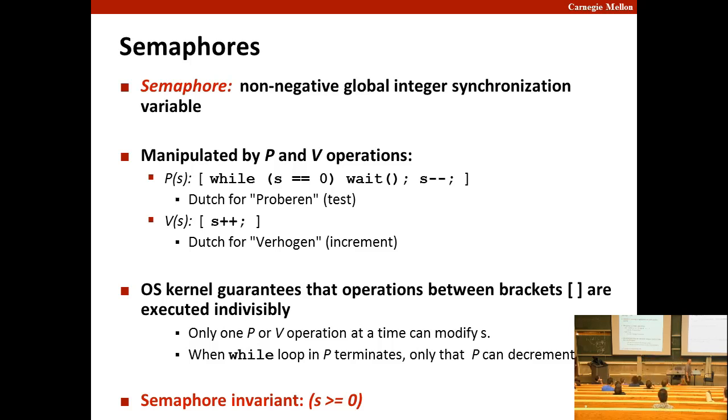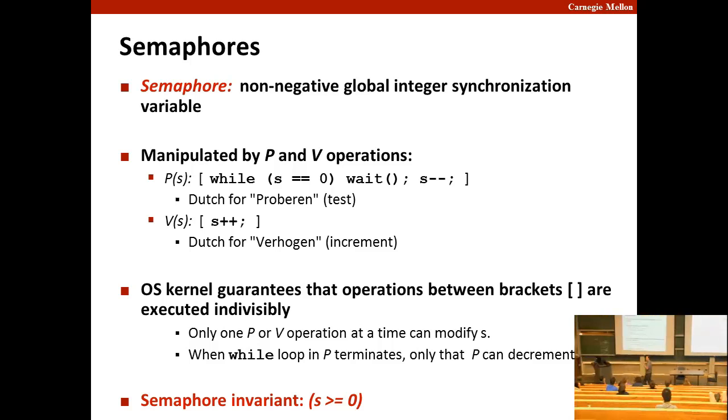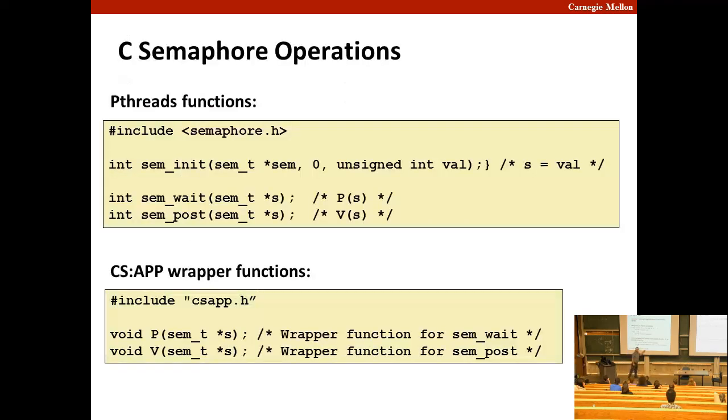This is guaranteed by the operating system if you're talking about inter-process communication, semaphores that can be shared among processes. This is guaranteed by the thread scheduler if you're talking about semaphores that exist between threads. The invariant is that the count of available resources can never be less than 0. It must always be greater than or equal to 0.